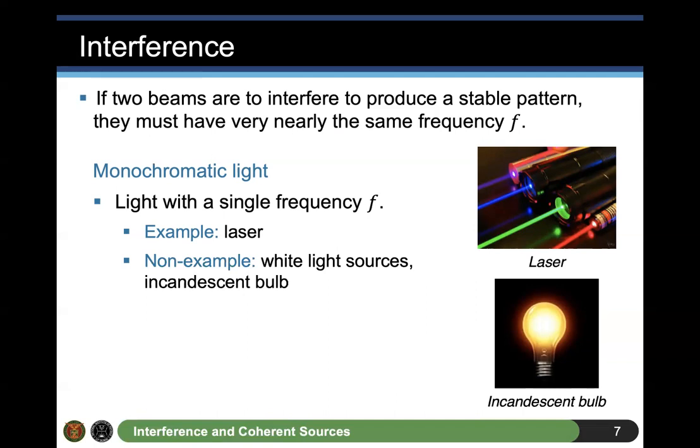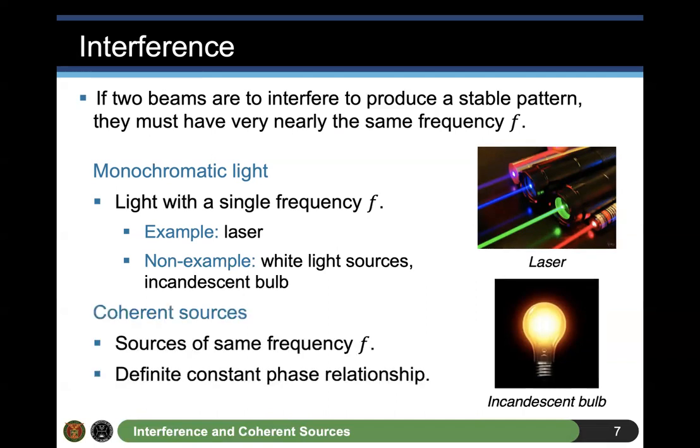It's non-monochromatic. Okay? And another white light source is actually the sun. So again, the sun looks yellow but at the center, don't look at it with your eye, it is white. So again, it's composed of all the colors, a mixture of all these colors or all these frequencies, f. Okay.